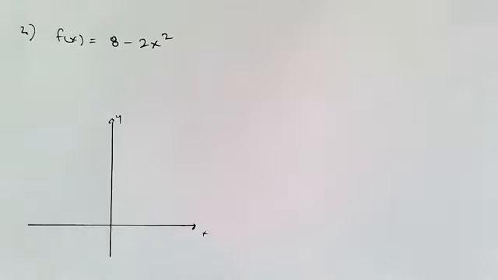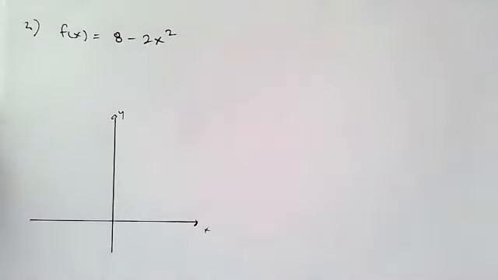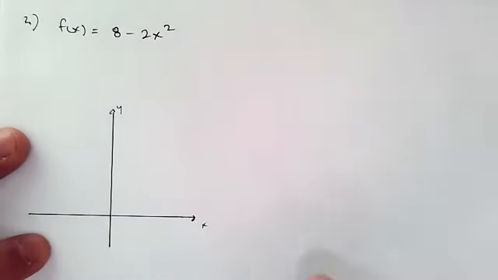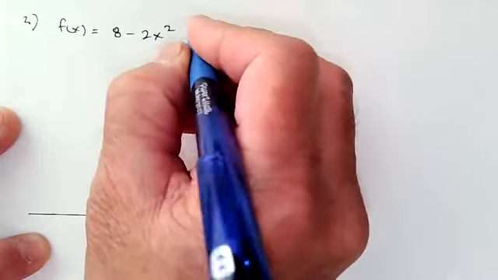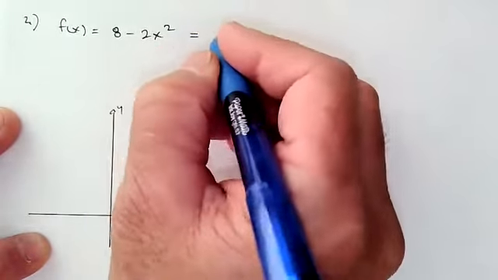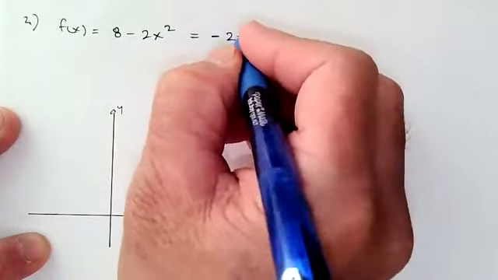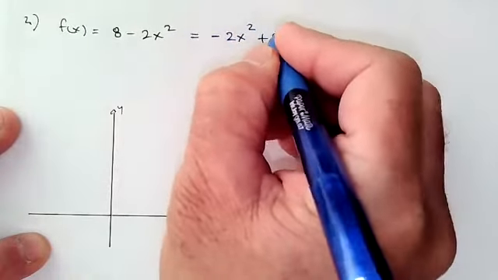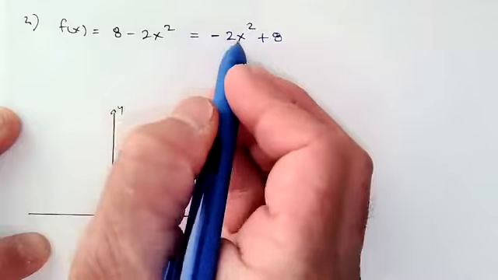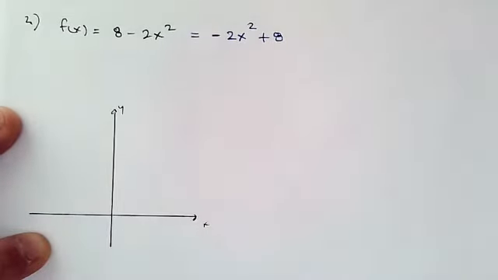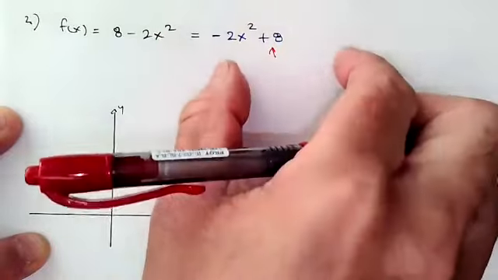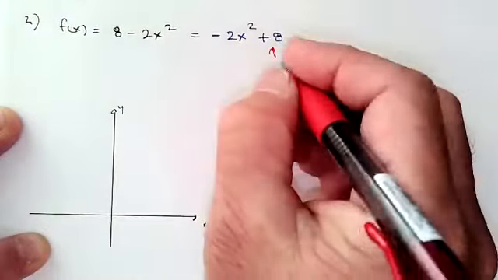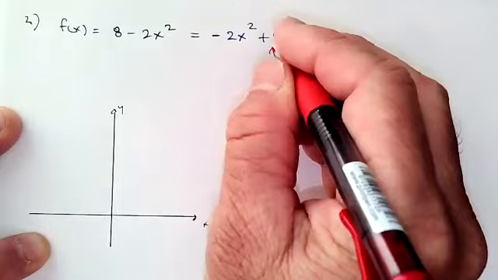Okay, let's look at this next one. F of x equals 8 minus 2x squared. And if you want to, you can even do things like this just to make it look a little more natural. This is the same thing as -2x squared plus 8, because usually we spot our vertical shift upward as the number that's hanging out at the very end.